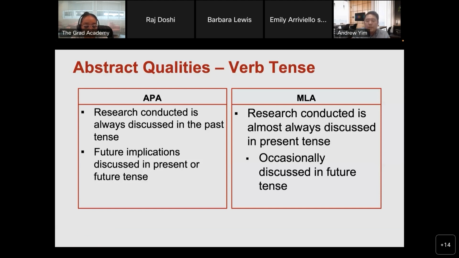Compared to MLA, where generally research will be conducted usually in the present tense, and occasionally you might use the future tense. We'll be looking at these tense shifts in our three examples, so keep that in mind. If you're writing an APA style paper, you might be referring more to your research in the past. And if you're writing more of an MLA style paper, it might be more in the present.